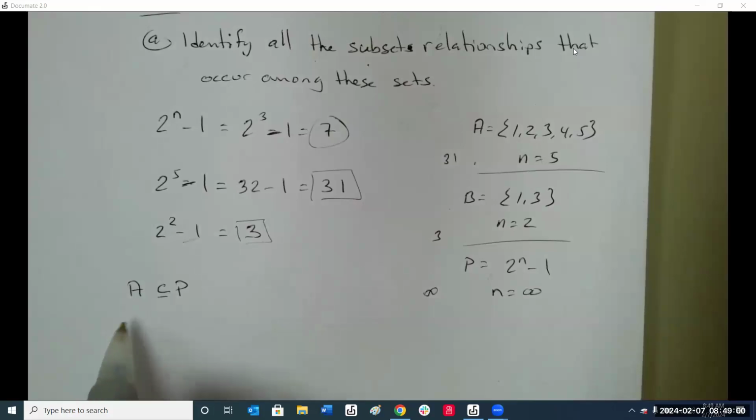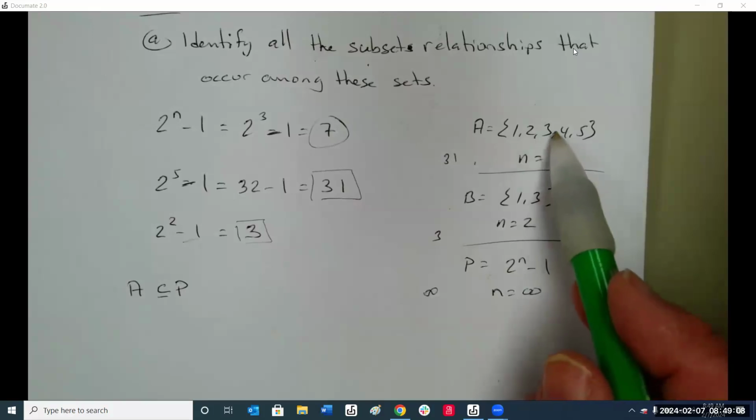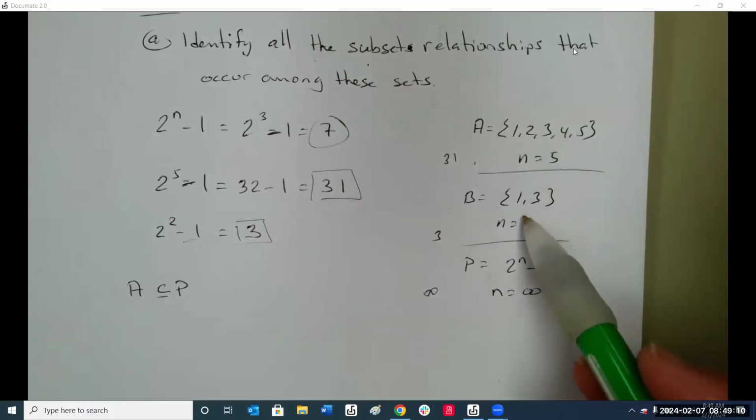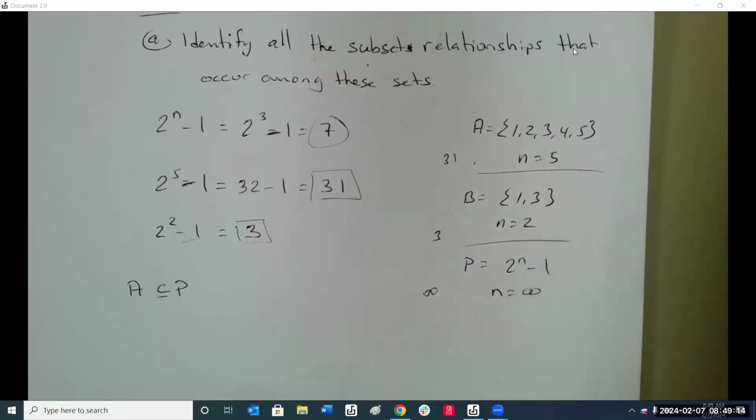Is A a subset of B? In other words, are all of A inside B? No. Is B a subset of A? Yes.